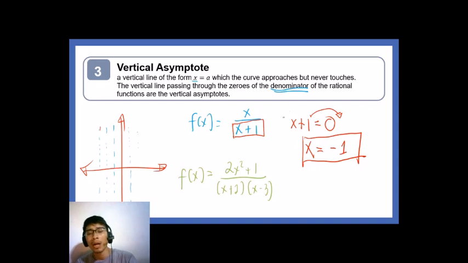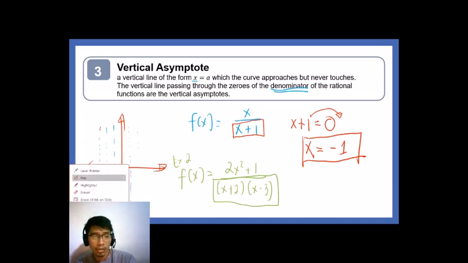How am I going to identify my vertical asymptote for this example number 2? Same thing. Once you're asked about the vertical asymptote, you observe the denominator. What is my denominator here? That is x plus 2 and x minus 3. Since I have two different factors, I have to equate these two separately to 0.